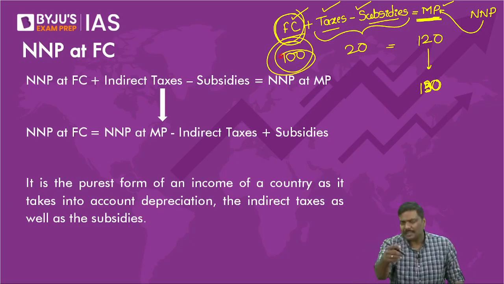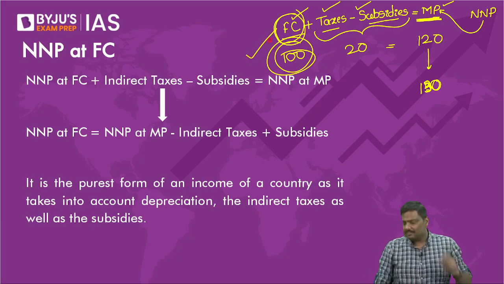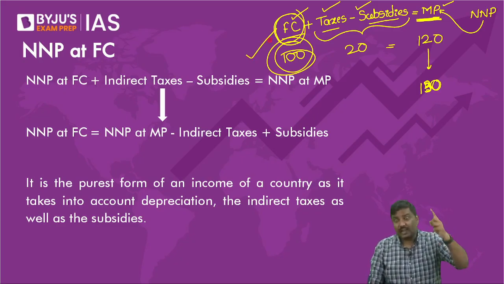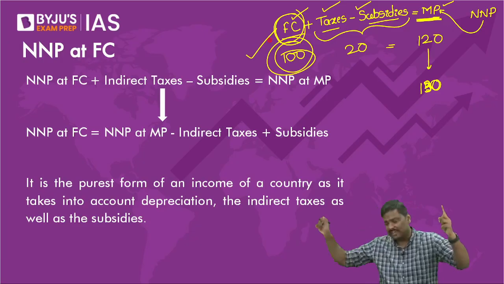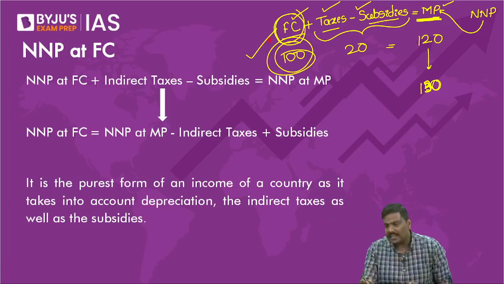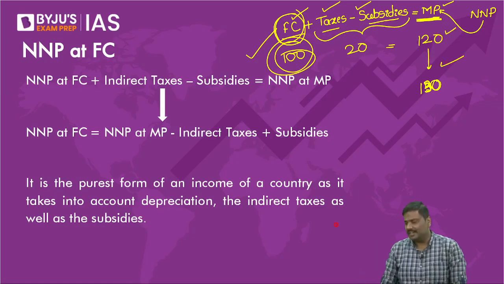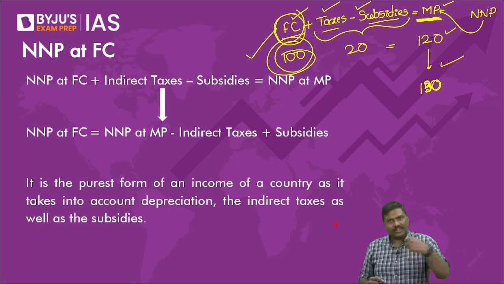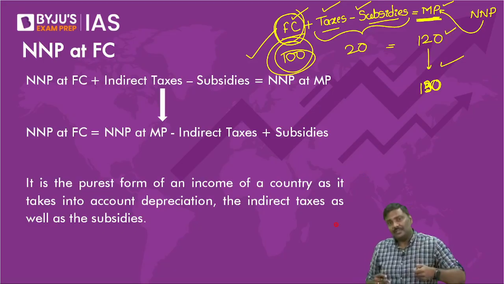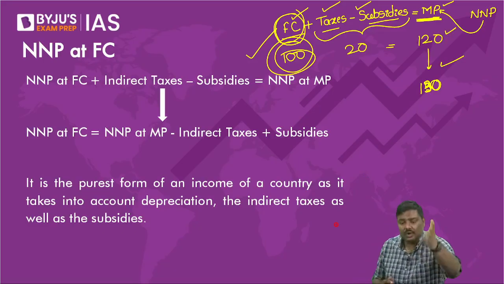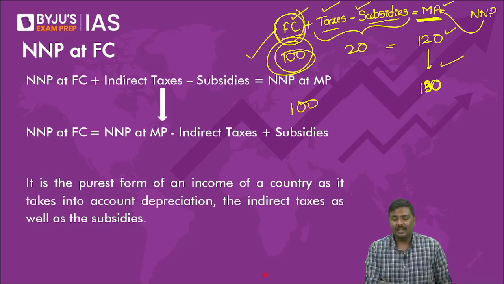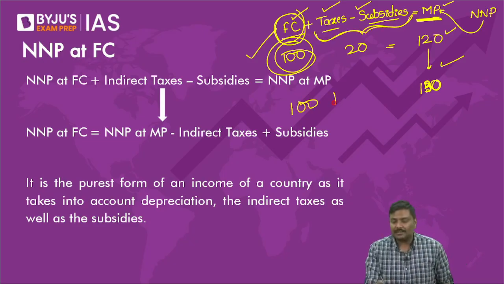Does it always mean that profits have increased? Just think of it. And underline the term, does it always? The market price has increased from 120 to 130. Does it always mean that wages have increased? Does it always mean that your profits have increased? Absolutely no. What if it is the same 100, but the difference between taxes and subsidies is now 30?